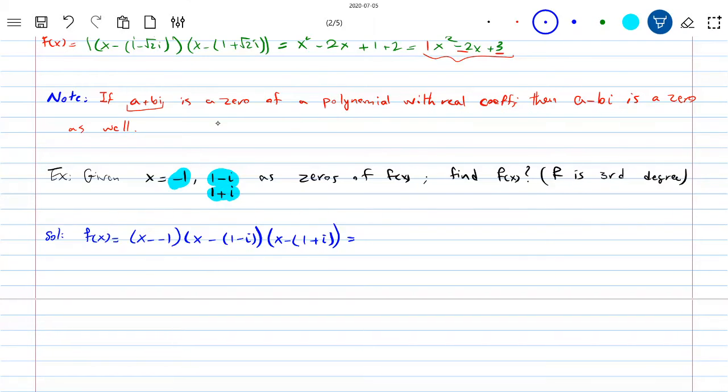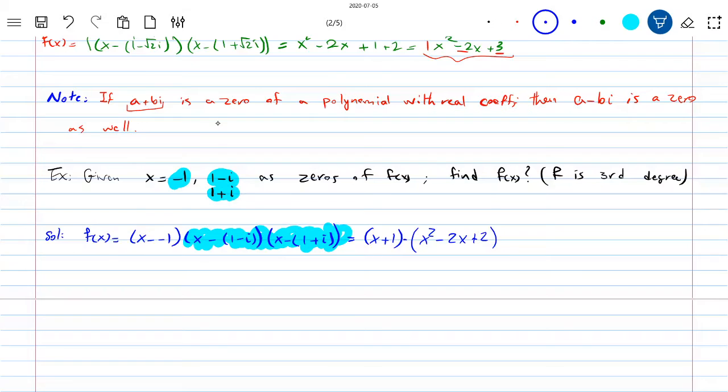I'm going to multiply these two first together because I have the formula for this multiplication, and it makes the work less. So I still have x minus -1, which is basically x plus 1, times x squared minus 2ax, which is minus 2x, plus 1 squared plus b squared, which is another 1. So you'll get plus 2.